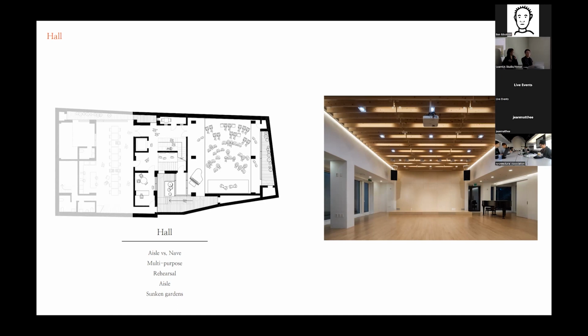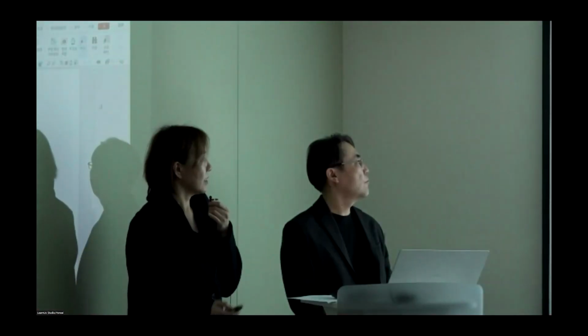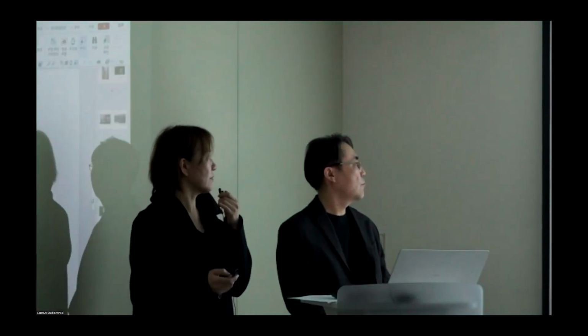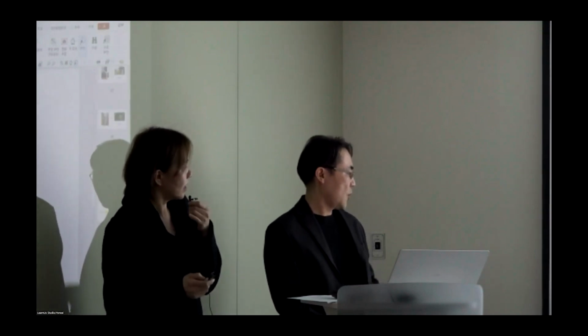So the column structure, again, there was a structure constraint for the multipurpose hall, but that was where we had a conversation with the structure engineer to accommodate the community needs.